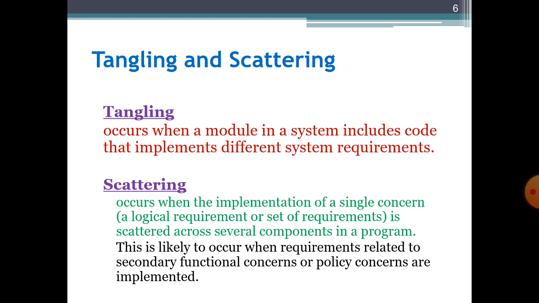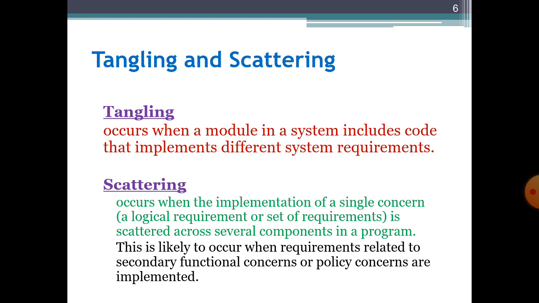Programming languages have some kinds of abstractions, like procedures and classes. Basically, procedures and classes are the basic mechanisms which we use to organize and structure the core concerns, which are the functional requirements of a system.